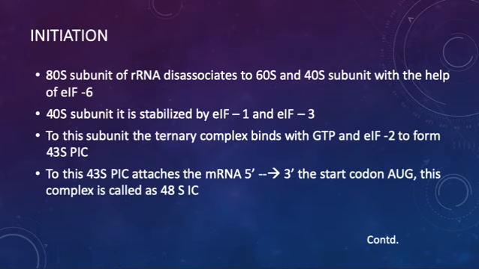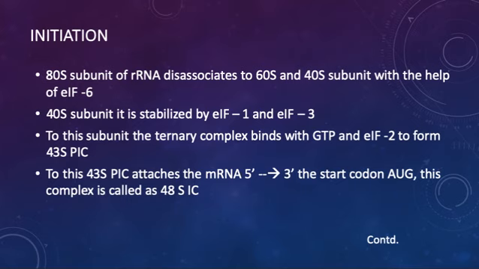Now the subunit binds to the ternary complex with the GTP and initiation factor 2 to form the 43S pre-initiation complex. Now this 43S pre-initiation complex binds to the mRNA at the start codon, that is the AUG, from the 5' to the 3' end, and forms the 48S initiation complex.